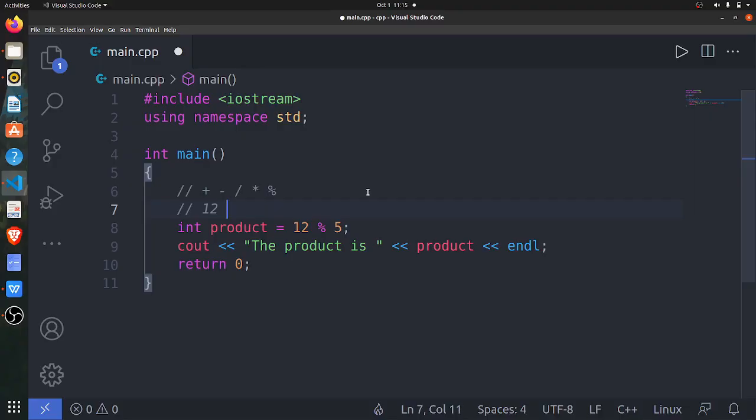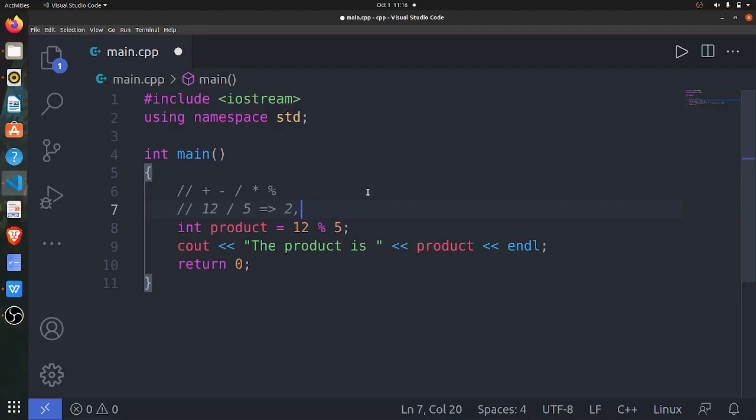It's 12 divided by 5, and if we were to return only a whole number, 12 divided by 5 is 2. I know it's 2 point something, but as a whole number it is 2. 2 times 5 is 10. But then 12 minus 10 is 2. Therefore, the remainder for this is 2.